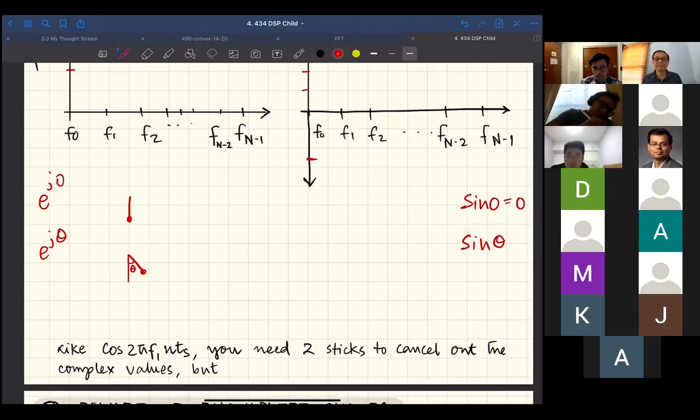Make sense? Because now the x-axis projection is sine theta, which is what I want. But hey, we still have the original problem. There's a y-axis projection, which is cos theta. We need to cancel that out.